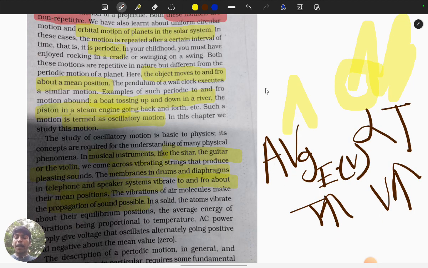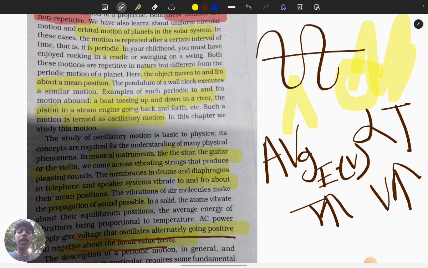AC power supply gives voltage that oscillates alternately, going positive and negative about its mean value. Highlight this point, students. Very important point. In alternating current, it goes up and down. It shows positive displacement as well as negative displacement.